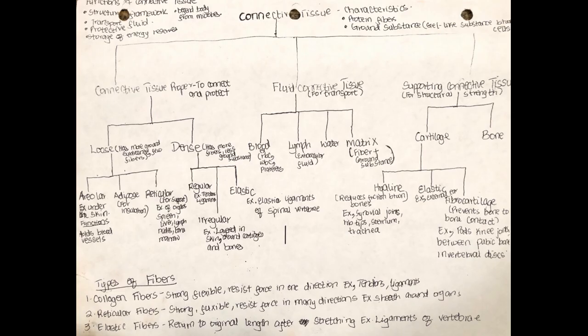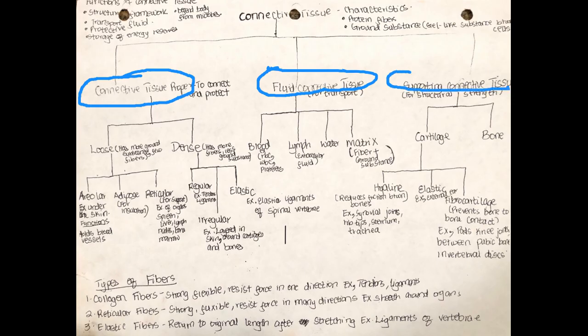Okay, so there are 3 categories of connective tissue that we look at. There's connective tissue proper, that's the first category, fluid connective tissue, and supporting connective tissue. So those are 3 major categories.